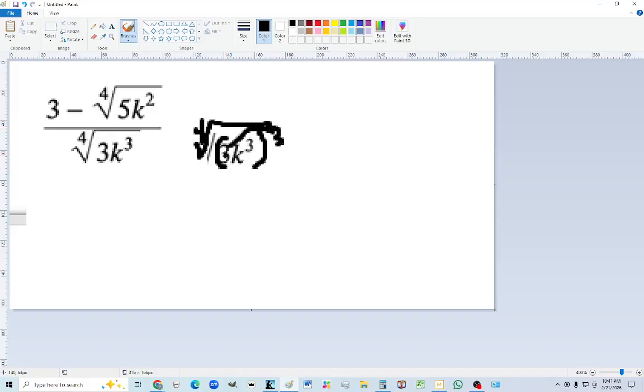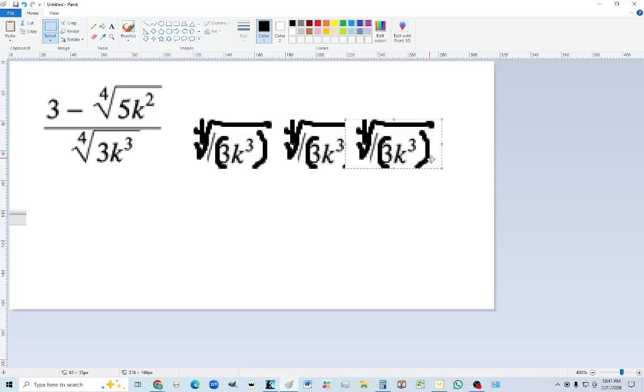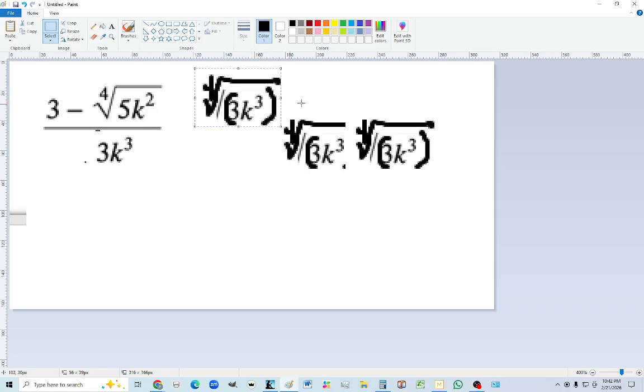And the cube can apply to each thing. Or another way of seeing it is times itself 3 times. So down below, that just gets rid of it. Up above, it's this version, but cubed with a 3 in here.